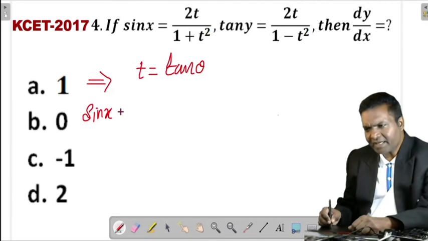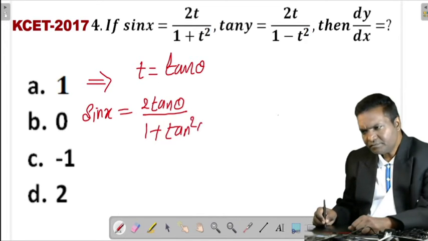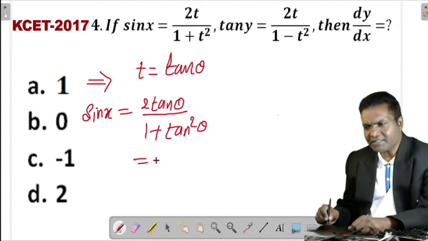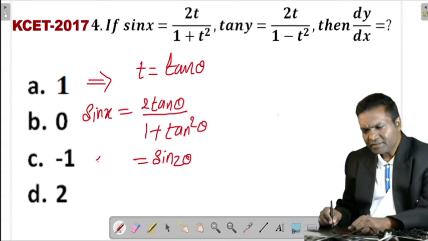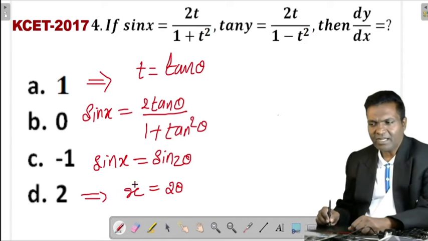Your sin x becomes 2 tan theta by 1 plus tan square theta, and we know that 2 tan theta by 1 plus tan square theta is sin 2 theta. Sin x equals sin 2 theta, this implies x equals 2 theta. I hope you agree.